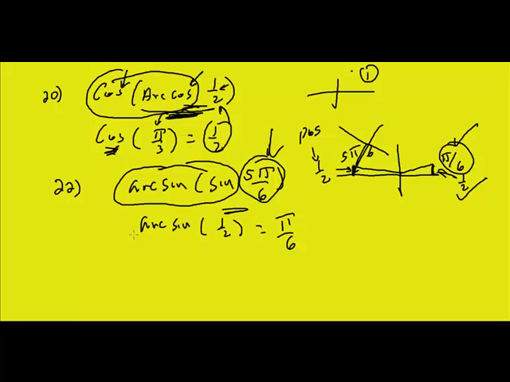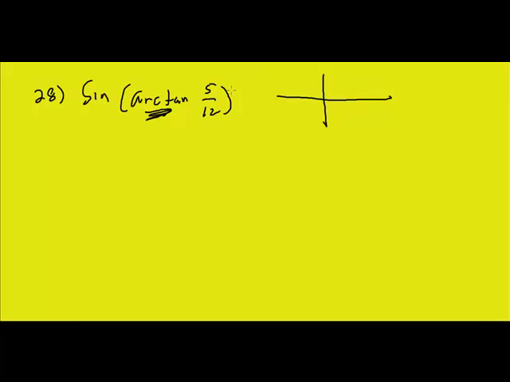Okay, a couple more problems, then we're done. We'll keep working on this today in class. So number 28. We have the sine of arctangent of 5 over 12. Arctangent exists in the first and the fourth quadrants, so I have to draw a triangle because 5/12 is not part of the unit circle.